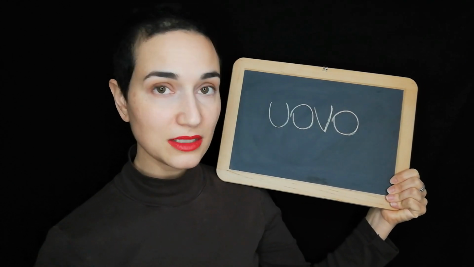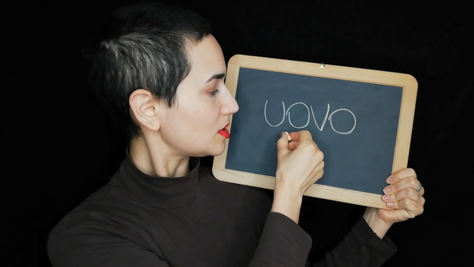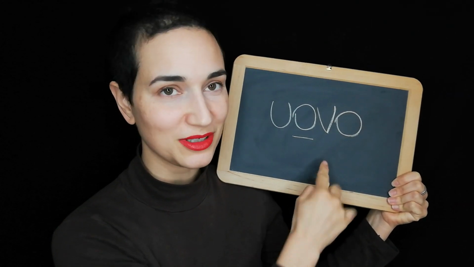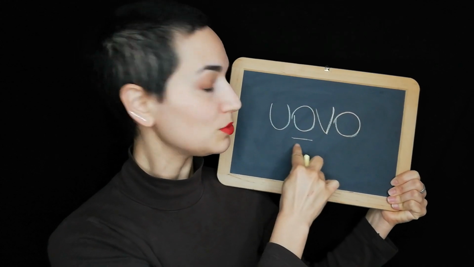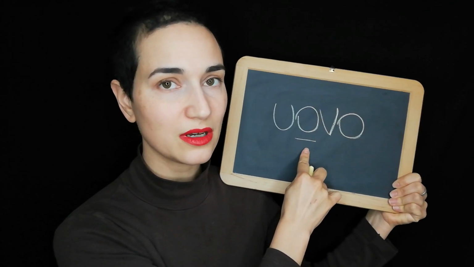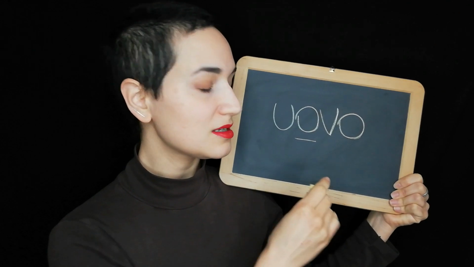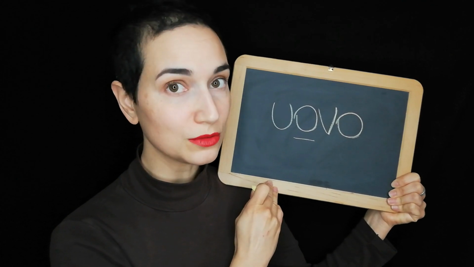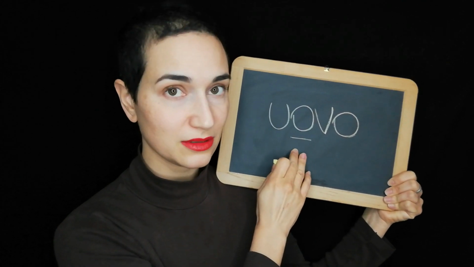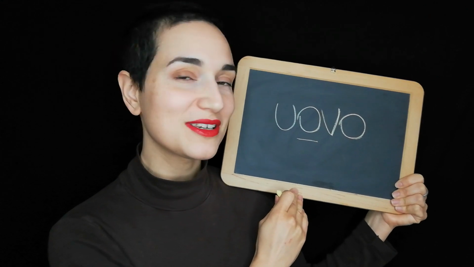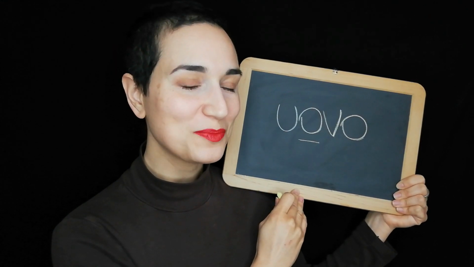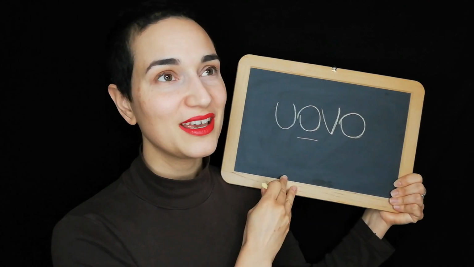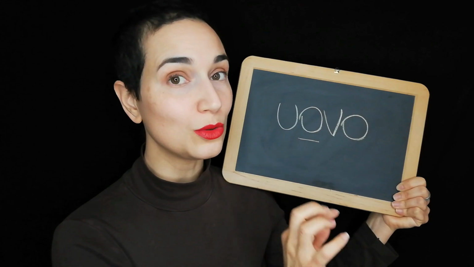The accent in this word goes on, these are three vowels and one consonant, and the accent goes on the second vowel, the o. And I think most of Italy pronounce it uovo with the open o, but I find it charming that in the south of Italy they tend to pronounce it with a closed o.